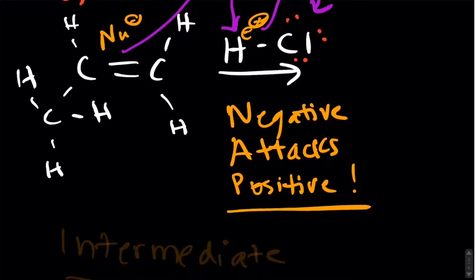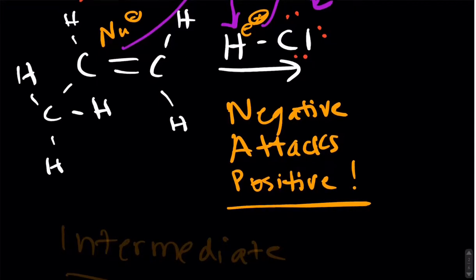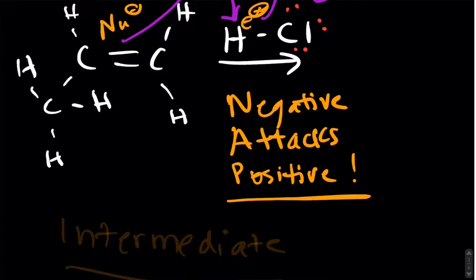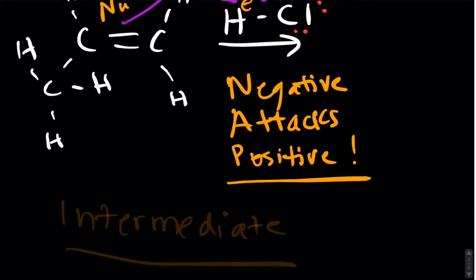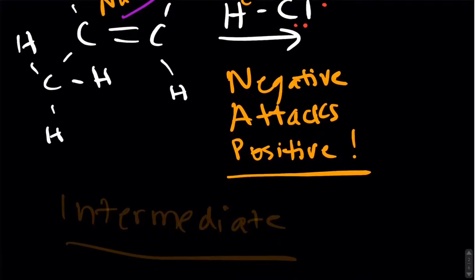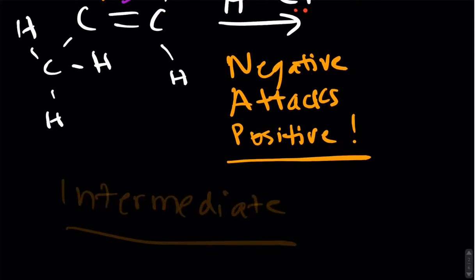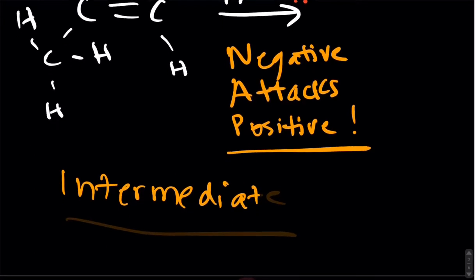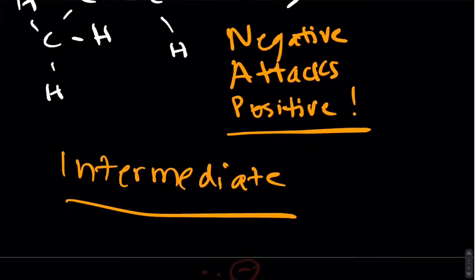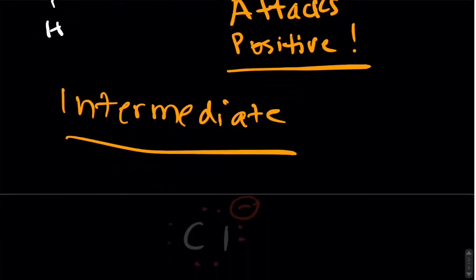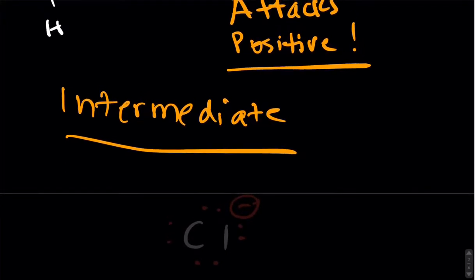And this is a nucleophilic center in this double bond that is able to donate those 2 electrons to that hydrogen. Alright, so once we do that, we're going to look at what intermediate we had formed. Let's go ahead and go back to white.